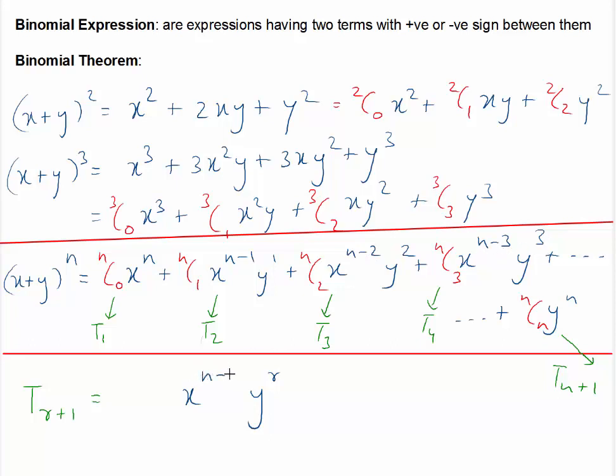So this would be n minus r. And the number here, here and here, all three are the same, so this would be nCr. So this is the general term of the binomial expansion.